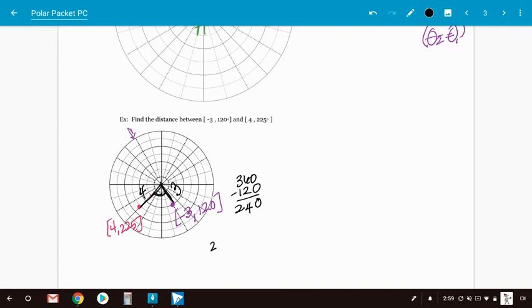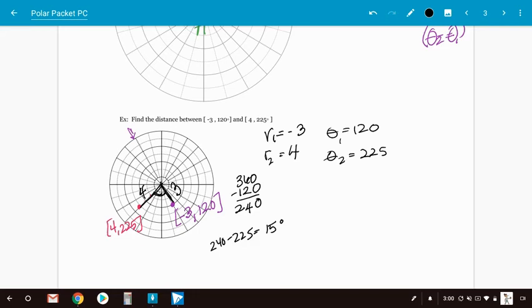So in between would be 240 minus 225, which gives me an angle of 15 degrees, I believe. So that'll be my angle that I'm going to use and my two side lengths. Okay. So R1 in this case is -3, and then R2 would be 4. And then what do I have? I have theta 1 equals 120 and theta 2 equals 225.